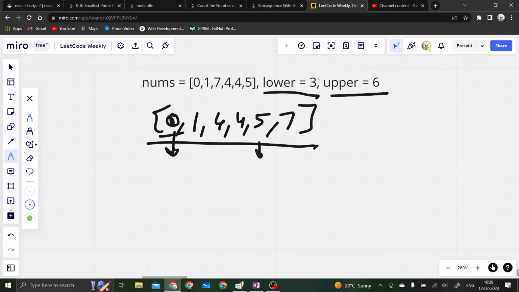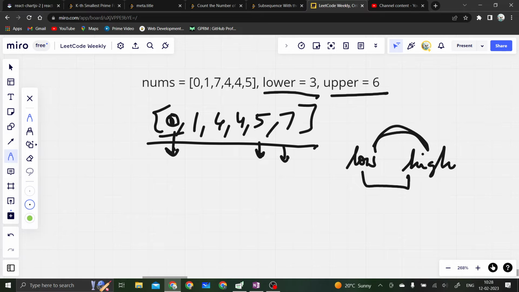And then we will simply take those indexes as, let's say, low for the lower bound index and high for the upper bound index. And if we simply add their difference, all the pairs that lie in this particular range will be the valid pairs, right? So let's see.